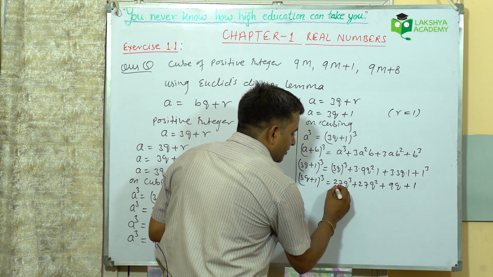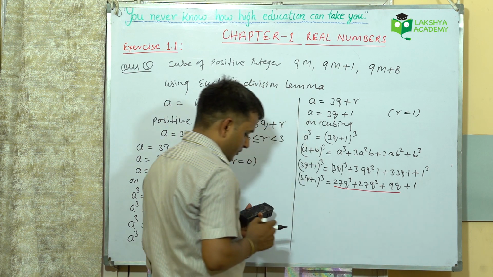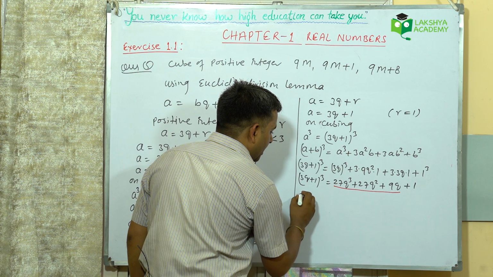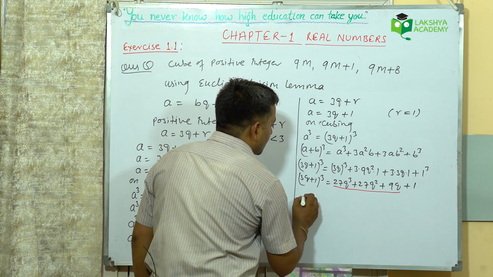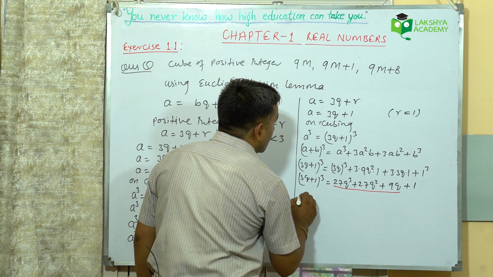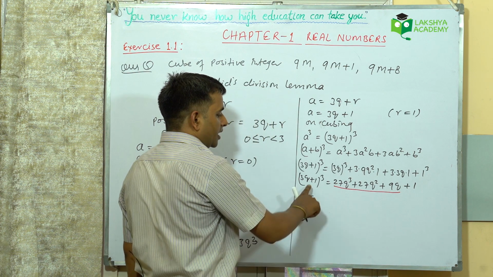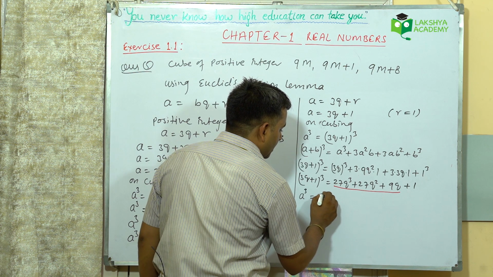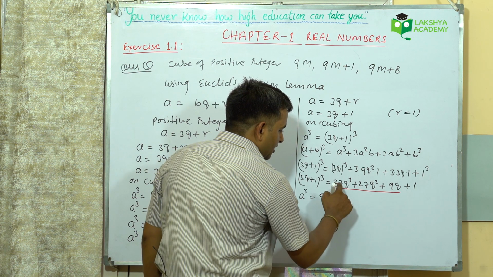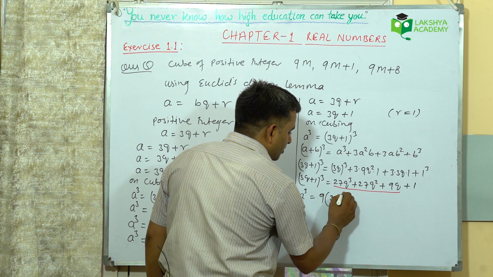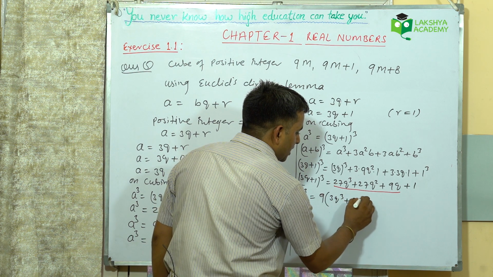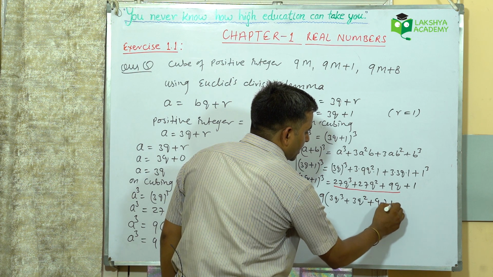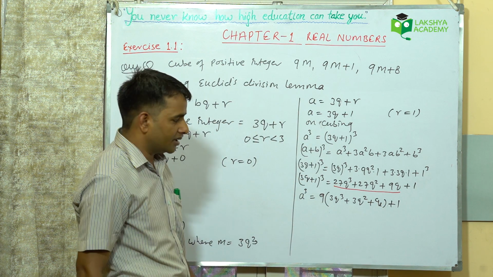Now we can take 9 as common from this expression, because that will give us an expression in the form of 9m. So we write a cube equals, in the same form, taking 9 as common, 3q cube plus 3q square plus q, and plus 1 outside the bracket.